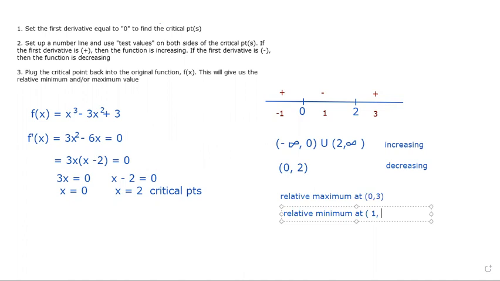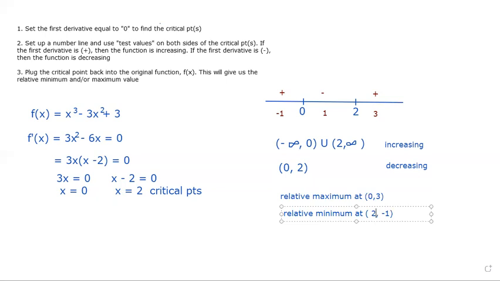That's 8 minus 12, which is negative 4, plus 3, which is negative 1. So we have our relative minimum at (2, -1).